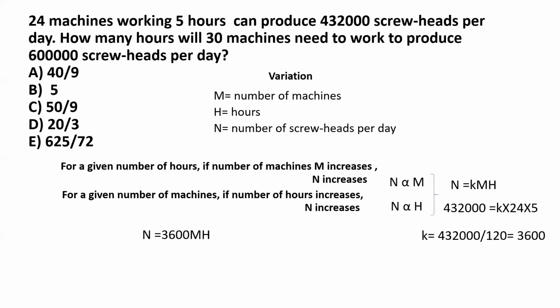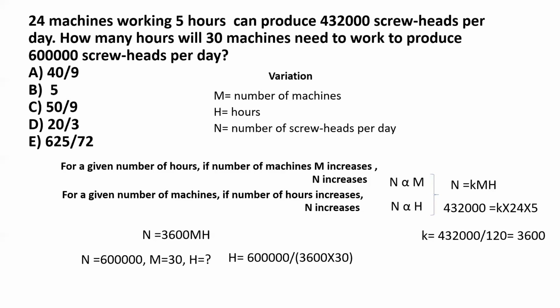And then this problem becomes really simple. What we are asked to find is, if N is 600,000 and M is 30, M is the number of machines, right, what is the value of H? So that's what the problem asks. And this now becomes a very simple thing, right?